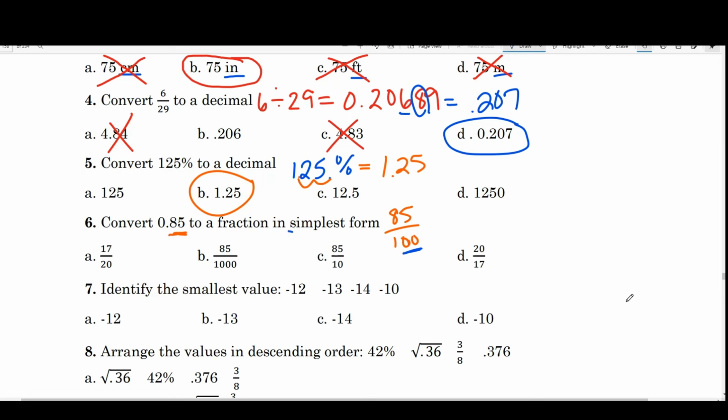Because it says simplest form, you have to simplify or reduce. We can reduce 85 over 100 by 5, and that gives us 17 over 20, which would be A.